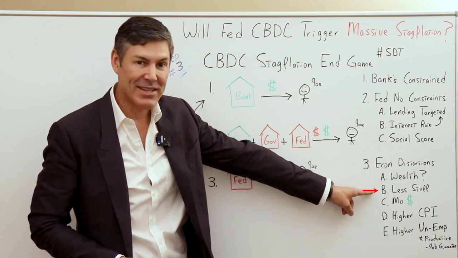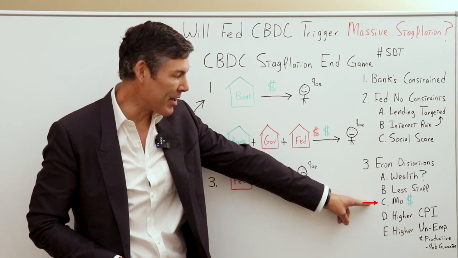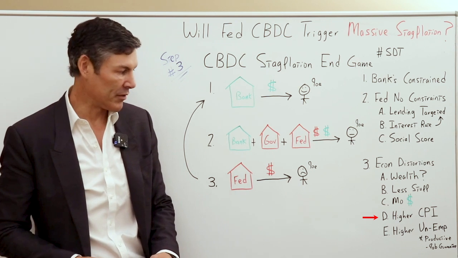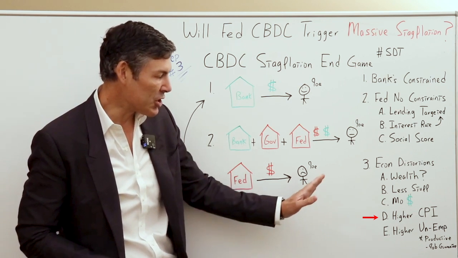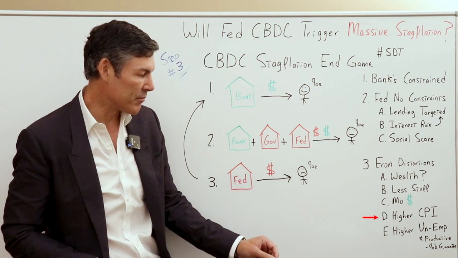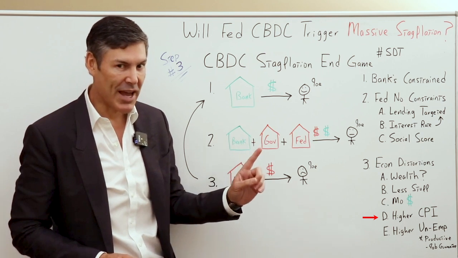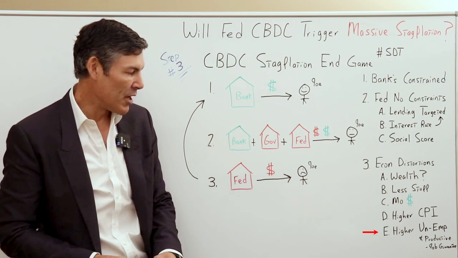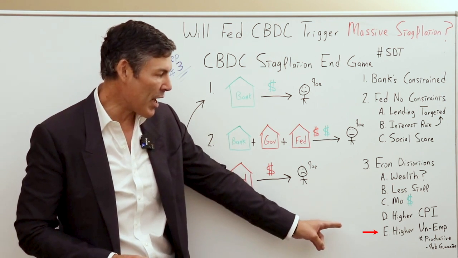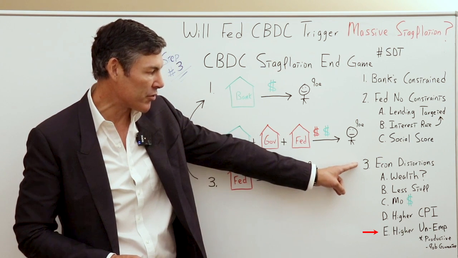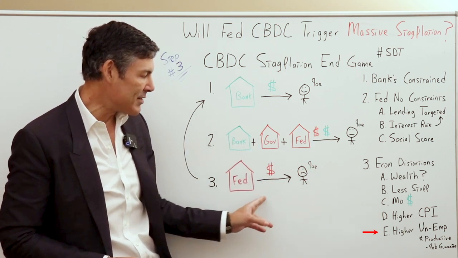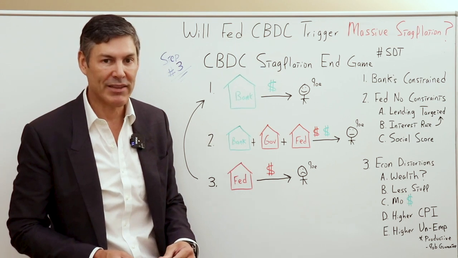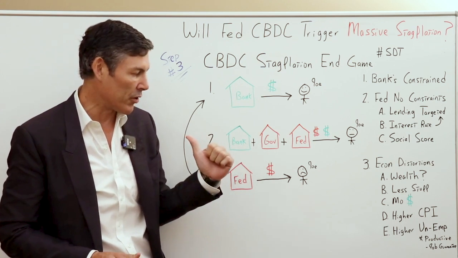But if we have less stuff being produced and more money, then we have higher rates of consumer prices. This takes us to the inflation part of stagflation. But remember, to get to stagflation, we also need high rates of unemployment. And usually this is what we would have with these economic distortions created by the Fed taking over the lending process instead of the commercial banks that had the constraints we were talking about earlier.